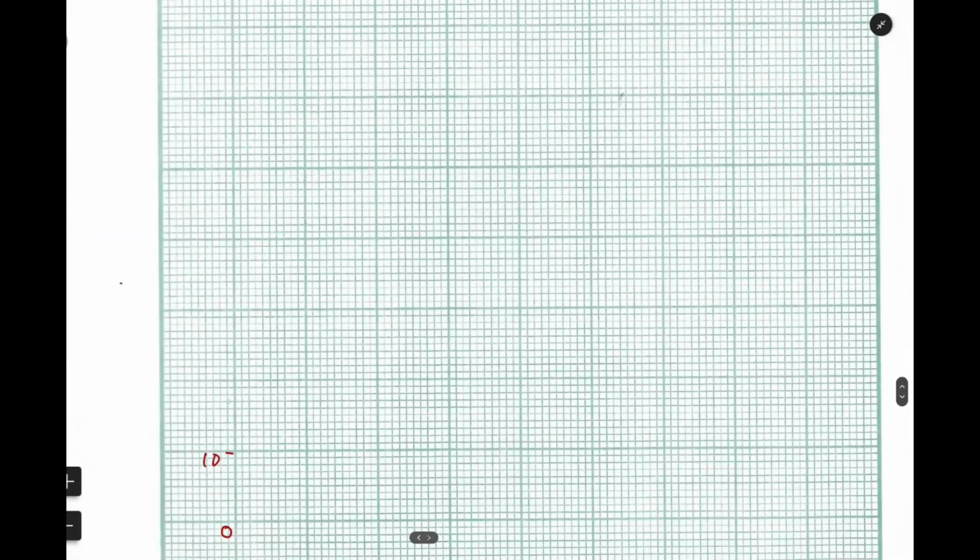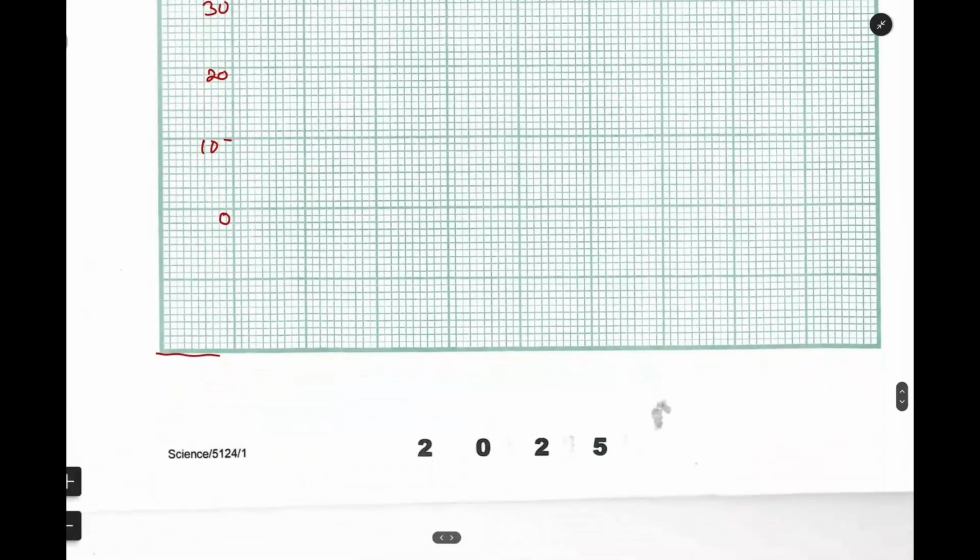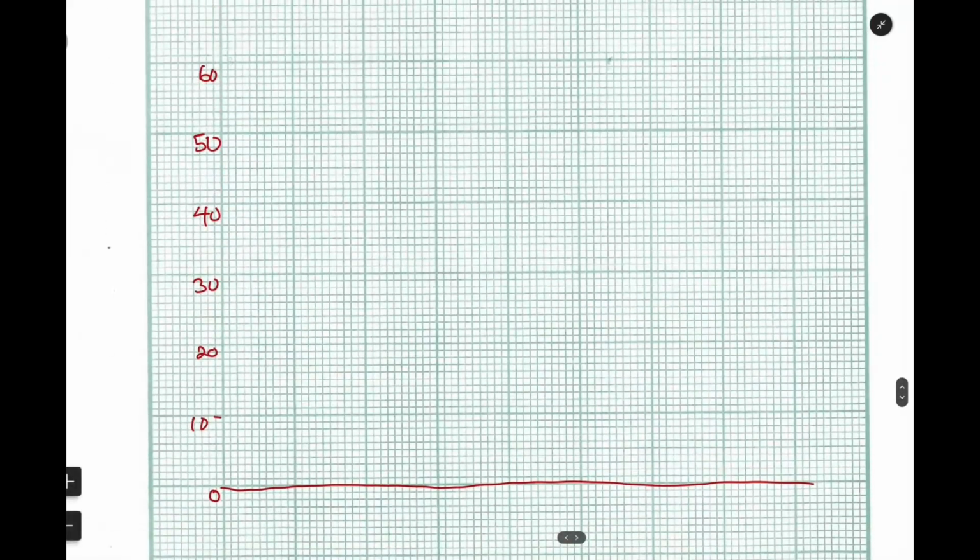So I'm going to say 10, 20, 30, 40, 50, 60. I don't know where it started from. Okay, so this is my line for the x-axis. Then this is my y-axis.